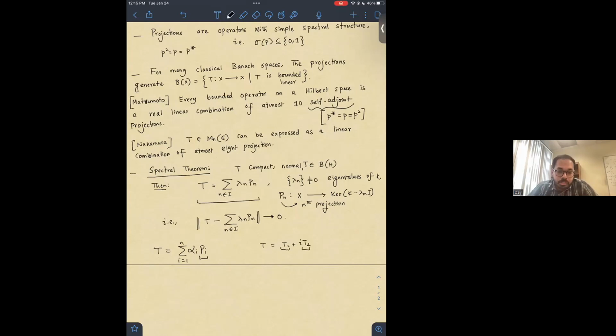But these may not be projections. Here they are saying that every operator is a real linear sum of projections. That's what they're saying. And here also, T1 and T2 are self-adjoint, but they may not be projections. So that's not very obvious.